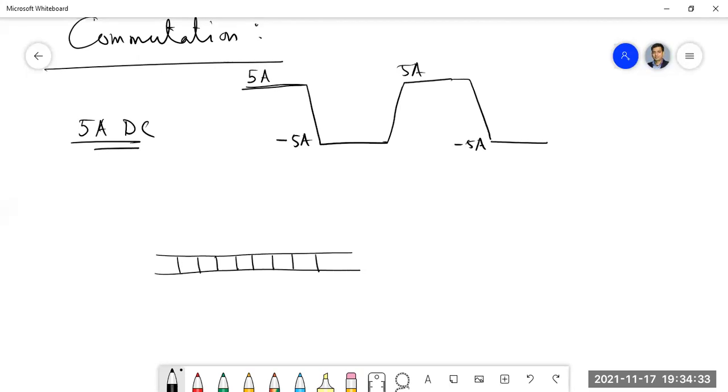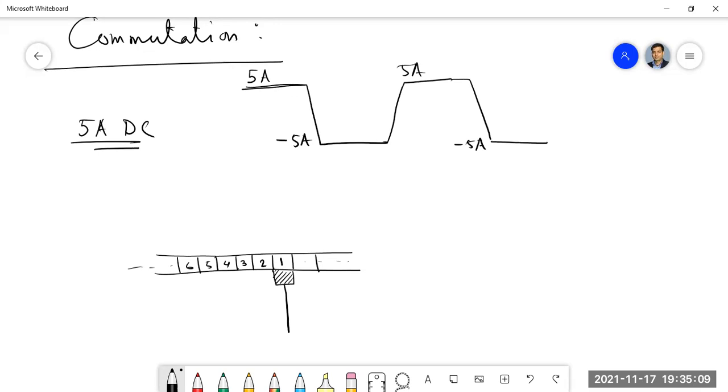So these are commutator segments, this is 1, this is 2, this is 3, this is 4, this is 5, this is 6. And the brush which is connected with the commutator, because you know that brush is placed on the commutator only. The width of the brush is same as the width of the commutator segment. So that assumption we will make here.